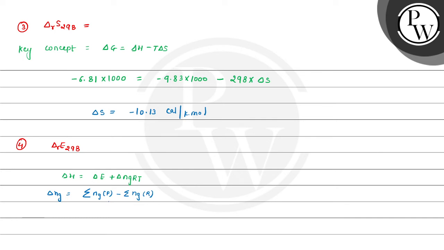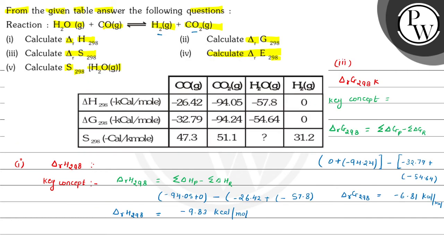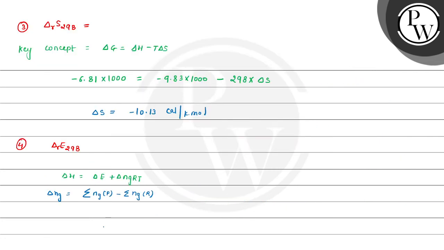So at product side we can see that H2 gas is 1 mole, and CO2 gas is also 1 mole. So 2 moles at product side are present and 2 moles at reactant side are present for H2O and CO, 1 each. So we can write 2 minus 2, which comes out to be 0. The value of del Ng is equal to 0 here.